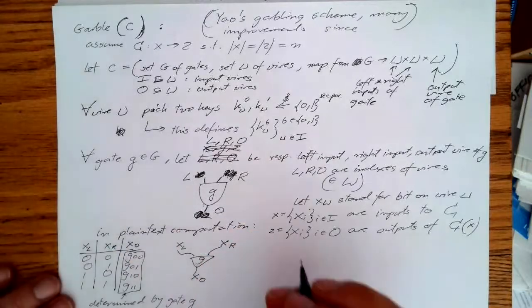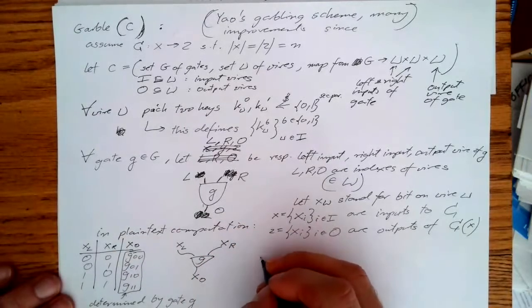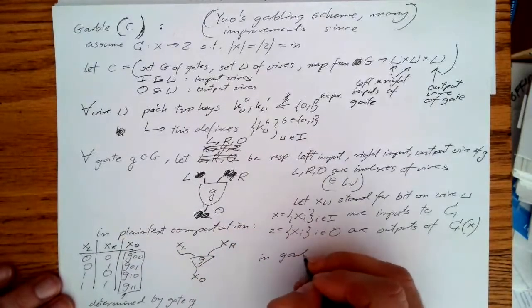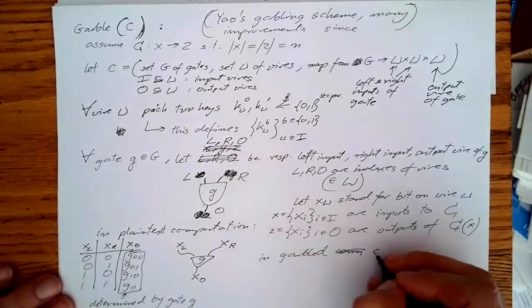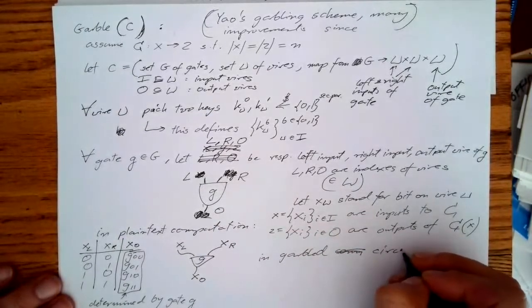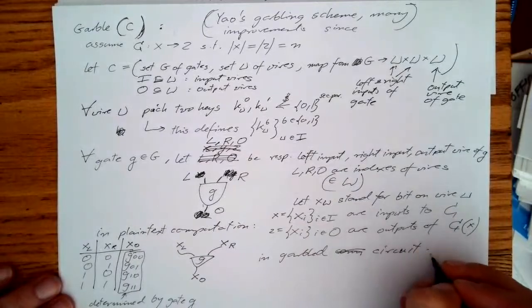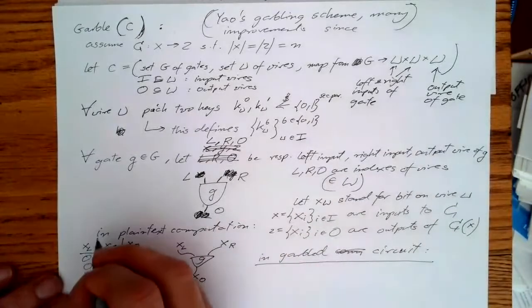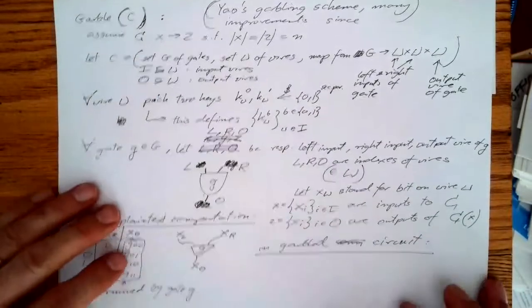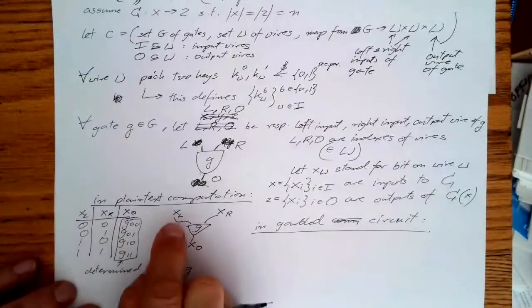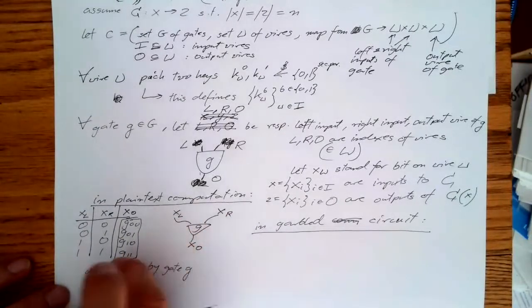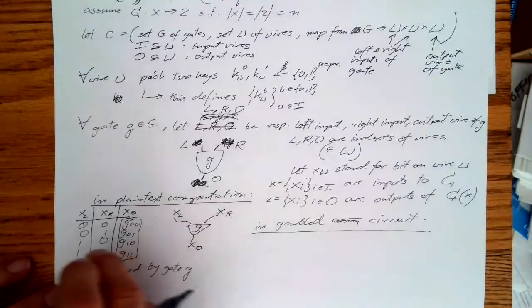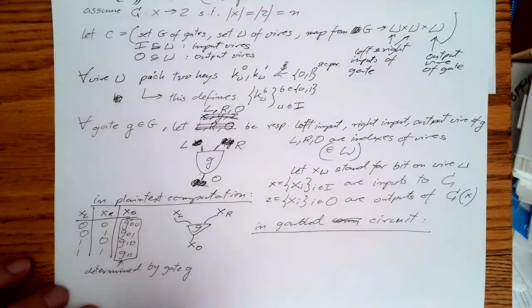In a garbled circuit, I want to replace this system where I have bits as input and a known gate and I just do a lookup and know what the bit on the output wire is.